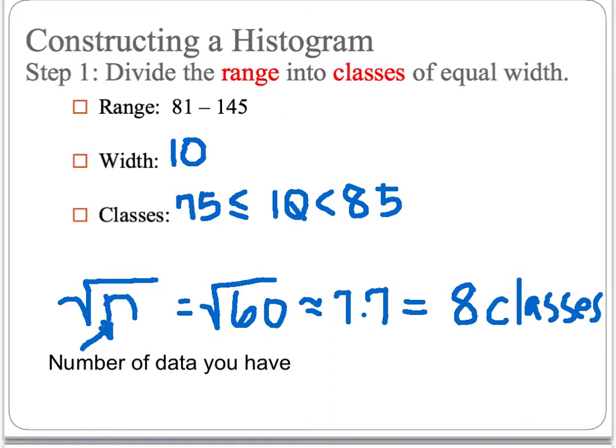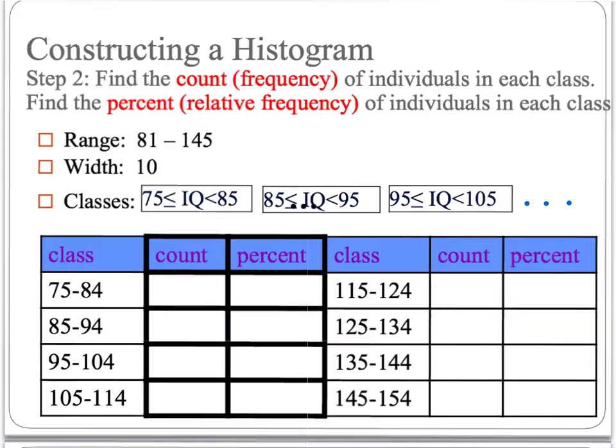So our second class would start with 85, and it would include all the IQ scores from 85 until 94. And then you'd have your next class starting at, not 94, 95. And so on and so forth. So we do that until we get our 8 classes that we're trying to create. And we're going to see that in the chart on the next slide.